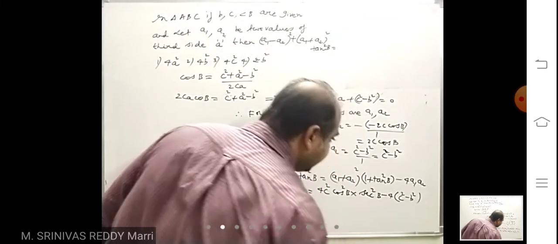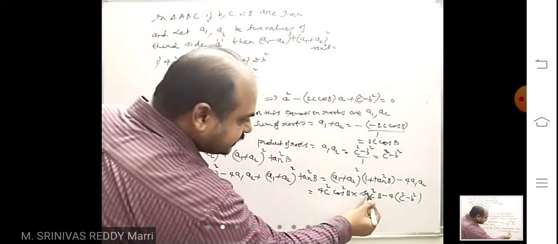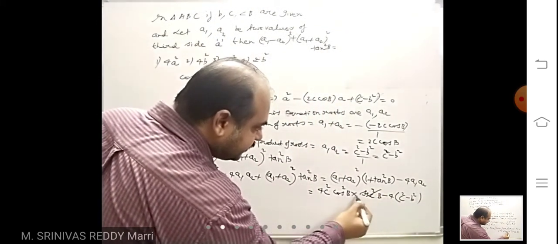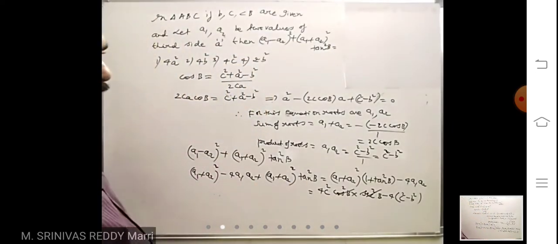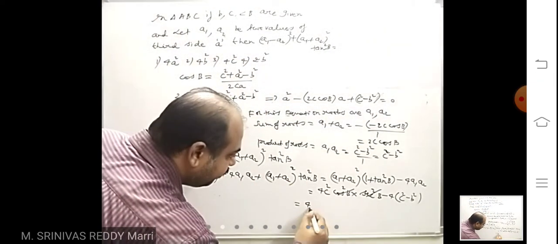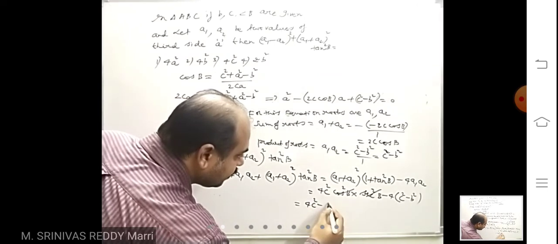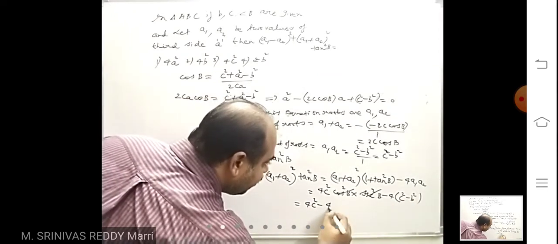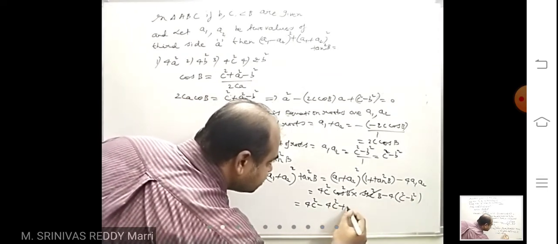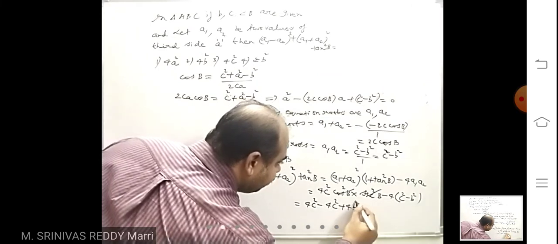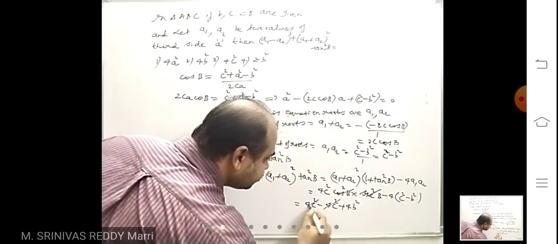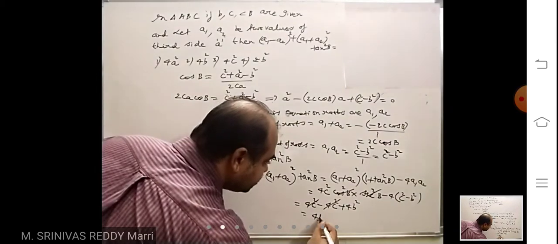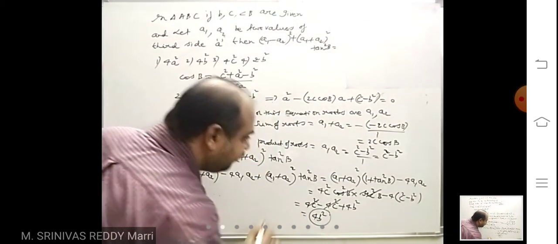Secant square B is 1 by cos square B, so this and this will get cancelled. That means 4c square minus 4c square plus 4b square. The 4c square will get cancelled. So the answer is 4b square.